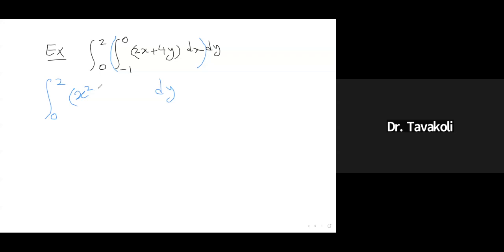The antiderivative of 4y, with respect to x, 4y is a constant, is 4yx. And I need to evaluate at the endpoints -1, 0. For now, I don't apply the exterior integral. As we know from the fundamental theorem of calculus, it is the evaluation of this at 0 minus the evaluation of this at -1.